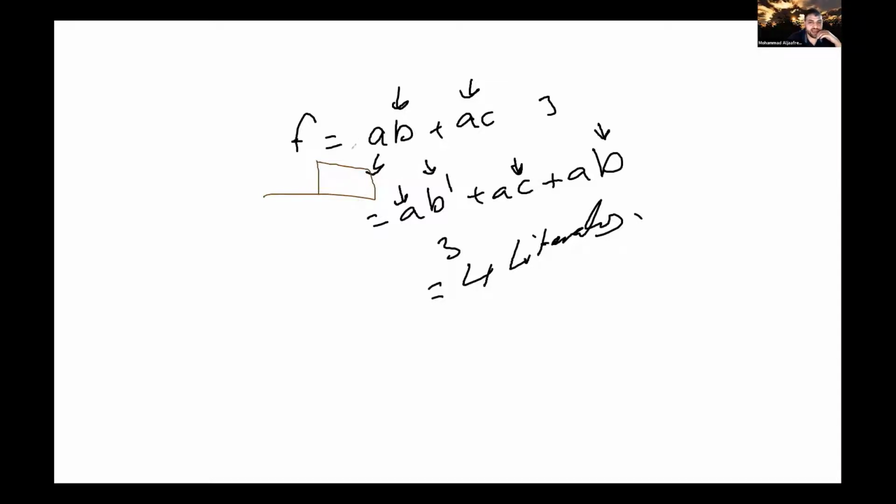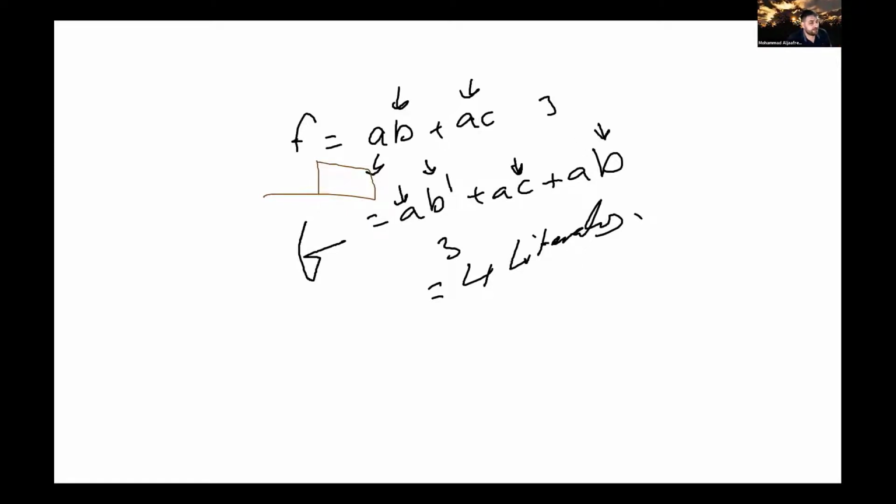So, okay, let me go again. We have a function F, and it's AB plus AC. Now this function has 2 terms, AB and AC. The literal is the occurrence of a variable or its complement. Fortunately here we don't have a complement, so we have 2 terms and 3 literals, 3 variables. However, this one is G, not F. G has 1, 2, 3 terms and has 4 literals because B is described in both B and B prime format.